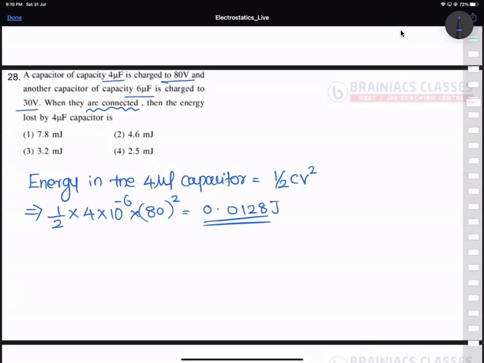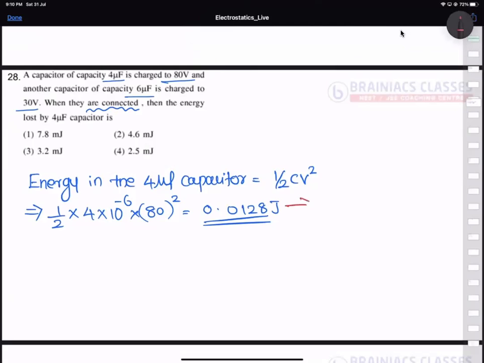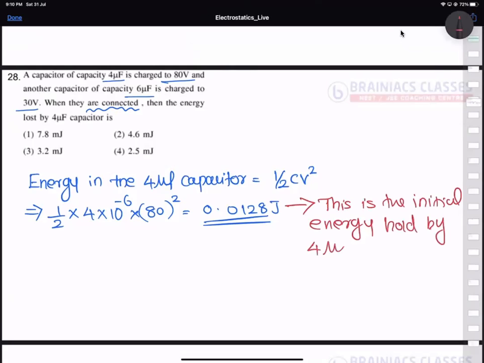Okay. Now this is the initial energy which is stored in the 4 microfarad capacitor. Now the question is asking, when they are connected together, what is the energy loss? So this is the initial energy held by the 4 microfarad capacitor.